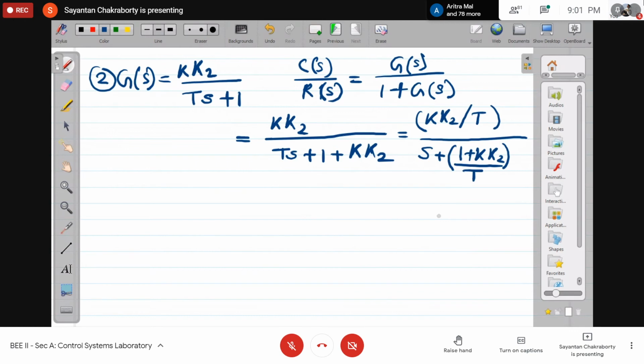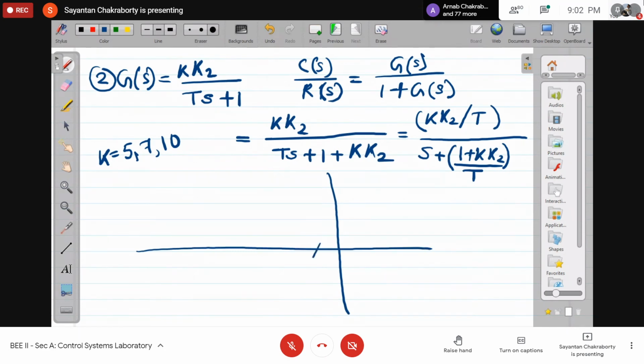So again, if you increase K to different values, since T and K2 are fixed, you will have this root moving on the real axis. It will move in this direction as K increases.